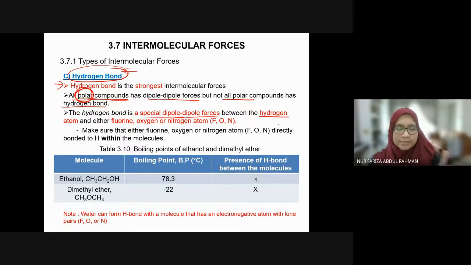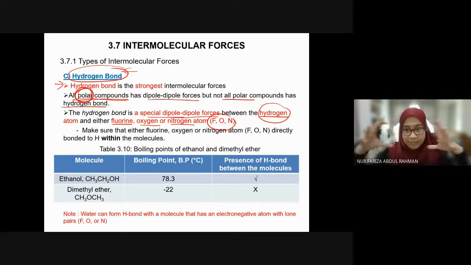Boleh, as long as it is positive ends dengan negative ends. But for hydrogen bond, dia kena the positive end should come from the hydrogen. Not only that, the hydrogen must be attracted to fluorine, oxygen, or nitrogen, or in short, we can call it FON. Kenapa? Because these three atoms are very electronegative. These three atoms are the most electronegative atoms in the periodic table.